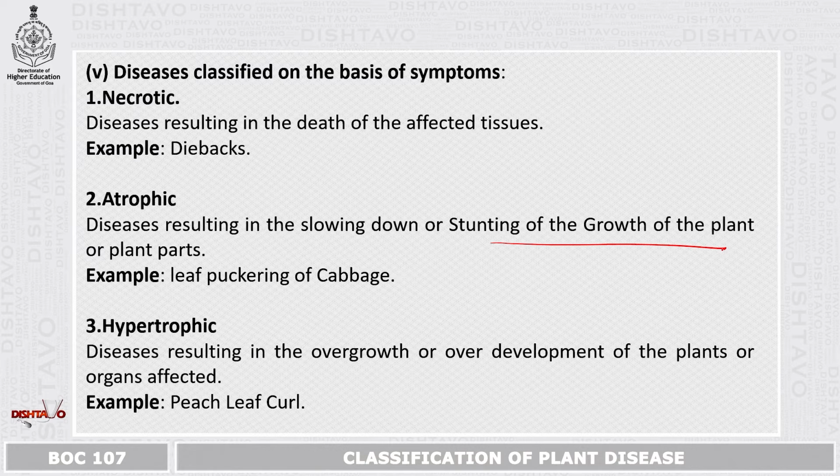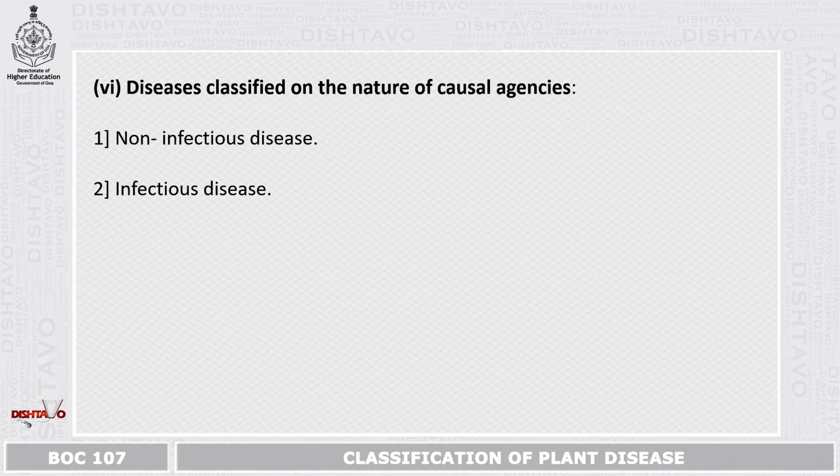Example is leaf puckering of cabbage. Then third is hypertrophic diseases, the diseases resulting in the overgrowth or development of the plants or organs which are affected. The example is peach leaf curl disease.